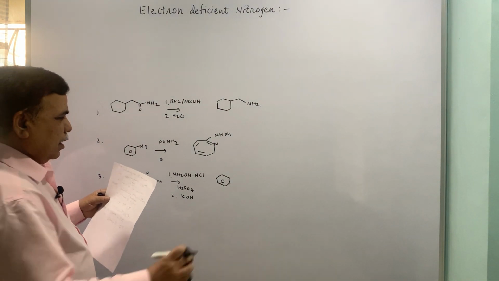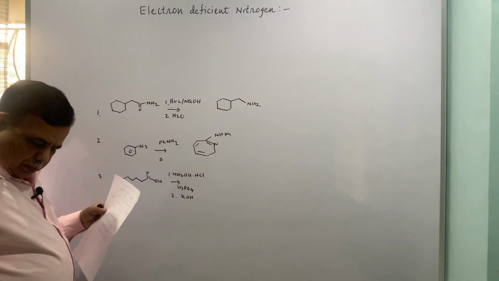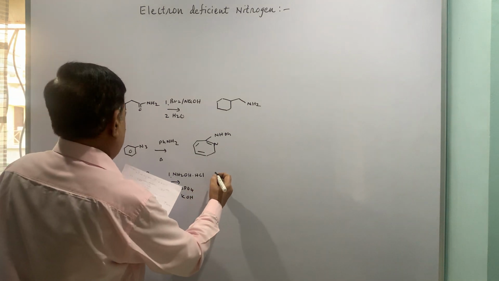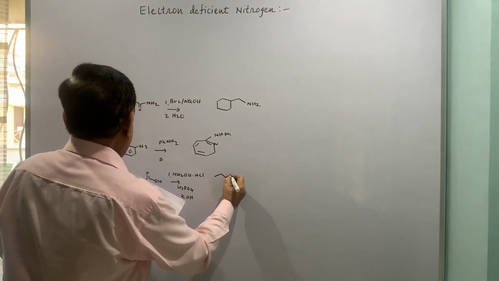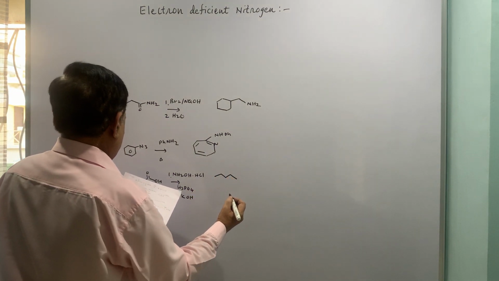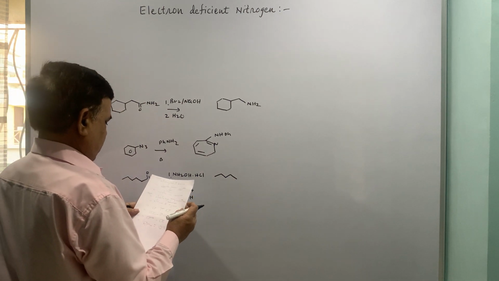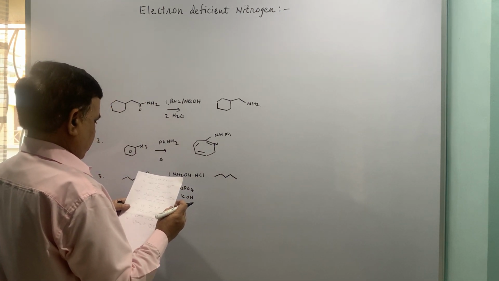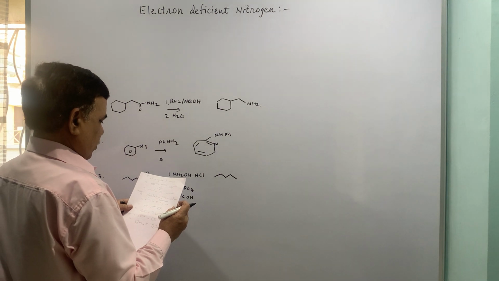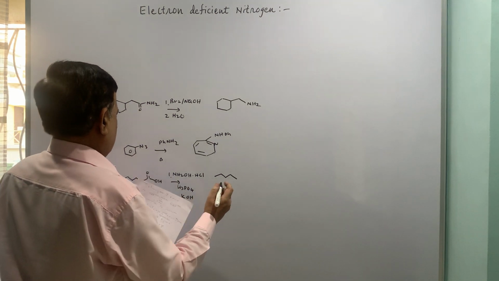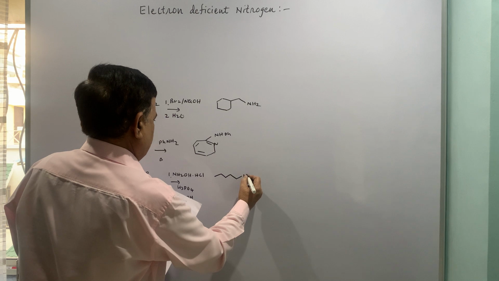Not this ring product. Let me put the 1, 2, 3, 4 and then becomes NH2.